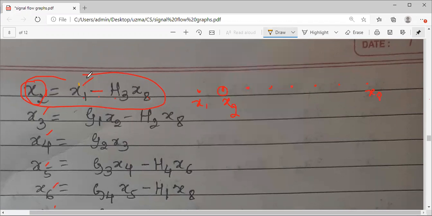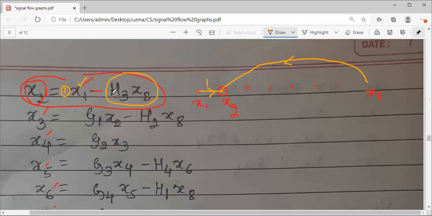So the first signal is coming from x1. So directly a forward path, and there is no gain value here, right? It is equal to 1. Now taking the second one, the second signal is coming from x8. Okay, reverse direction, I cannot use a straight line. From x8 to x2, a signal is coming with this direction.